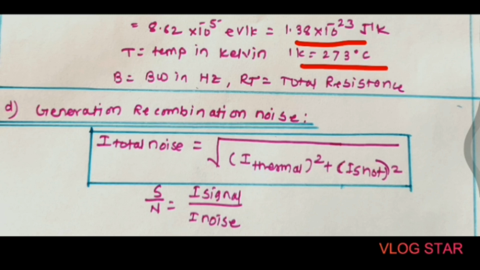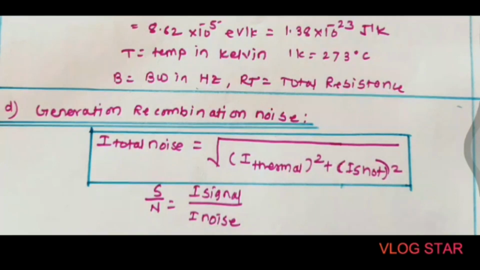T is the temperature in Kelvin, B is the bandwidth in hertz, and R_T is the total resistance, that means resistance from source and resistance of load.